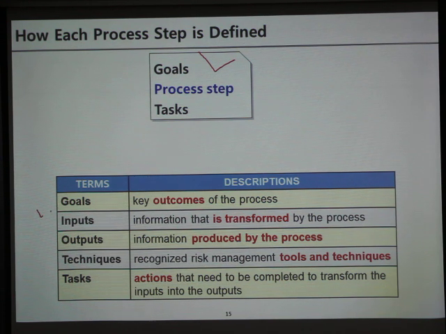Inputs are the information that is transformed by the process. Outputs are information produced by the process, which will form the input to the subsequent process step. We can use recognized risk management techniques described in MOR.